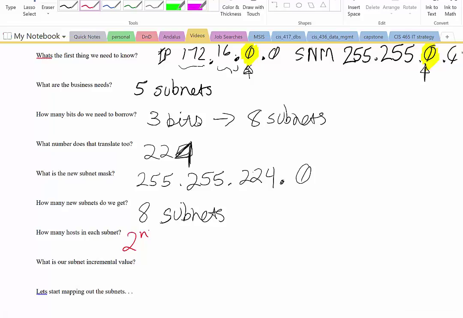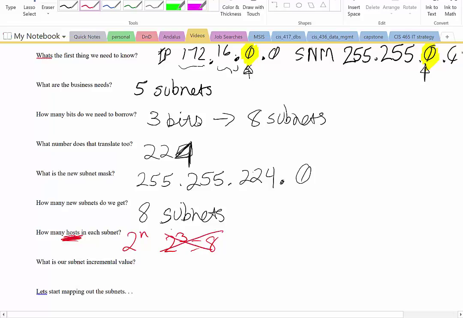Now, pay very close attention here. I'm not asking for the number of subnets. So don't do something like 2 to the power of 3 because we borrowed 3 bits. 2 to the power of 3 equals 8, and you do not have 8 hosts in each subnet. Pay very close attention to what the questions are. We are asking about the number of hosts.